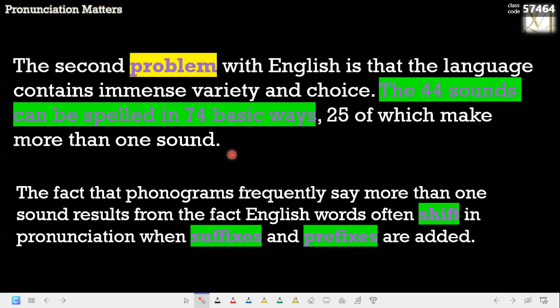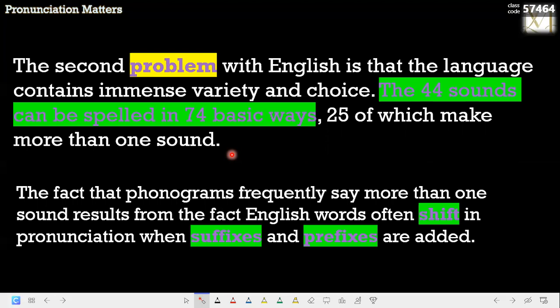The second problem with English is that the language contains immense variety and choice. We have the 44 sounds, and these 44 sounds can be spelled in 74 basic ways, and 25 of which make more than one sound.